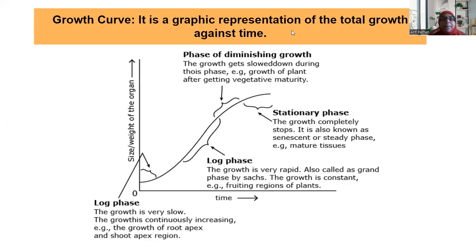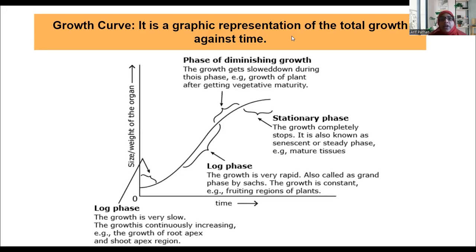This takes us to the growth curve. What are the different regions of a growth curve? So in arithmetic growth we get a linear graph, and in geometric growth we get a sigmoid curve. What are these different regions of the growth curve telling you about?